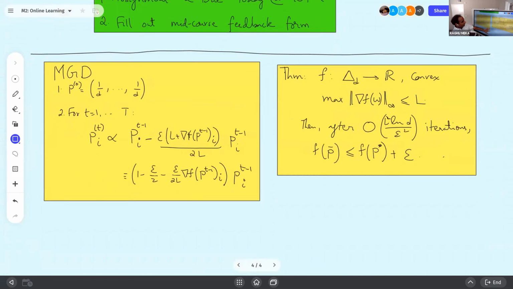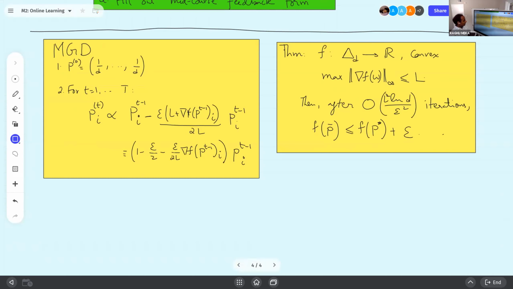Okay, so going back, we were given a function f on the simplex, which is the set of all probability distributions, and it was convex. We showed that if we used an algorithm based on multiplicative weights, we could find an approximate optimizer, something which gets epsilon close to the optimum, with only log d over epsilon squared iterations.